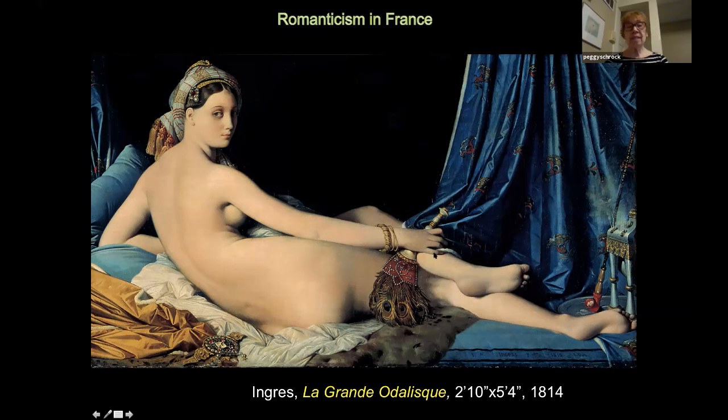It was also criticized because of the colors. Painters were trained to make paintings predominantly warm colors and then have cool colors to balance it, whereas this painting is predominantly cool. It's all these cool blues, which makes her seen that way. The way she's looking, it's like this cool, detached woman.